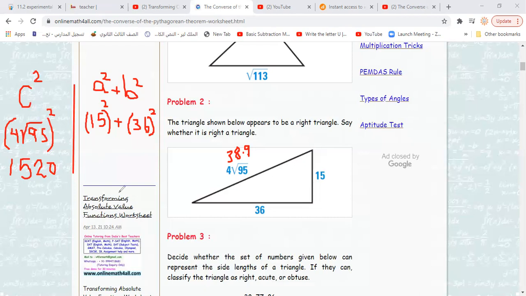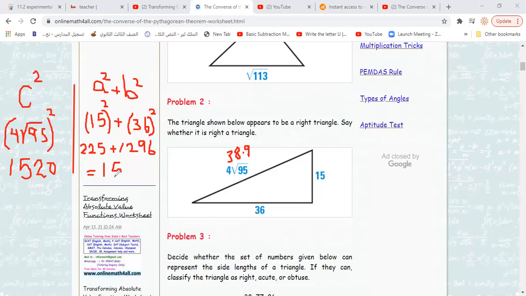Okay, the opposite side, we have 15 to the power of 2, then 15 to the power of 2 equals 225, plus 36 to the power of 2, it will be 1,296. Their sum together, it will be how many? 1,520.